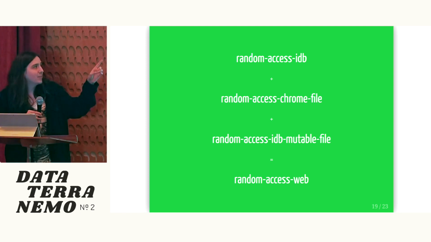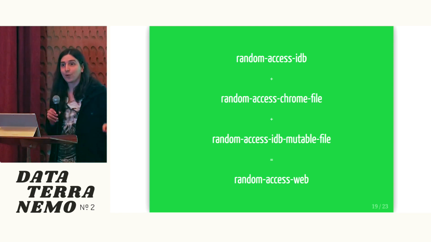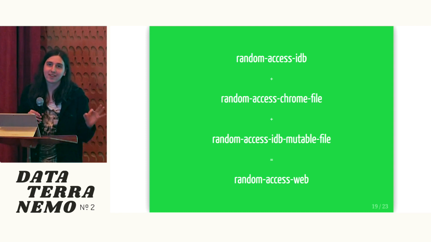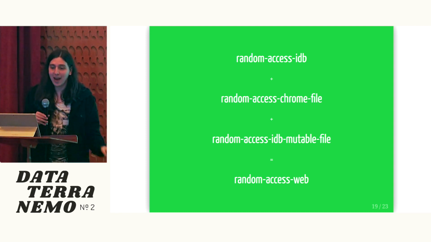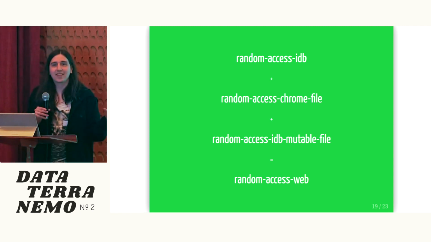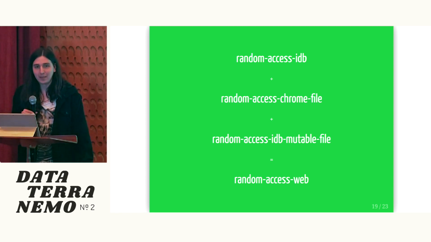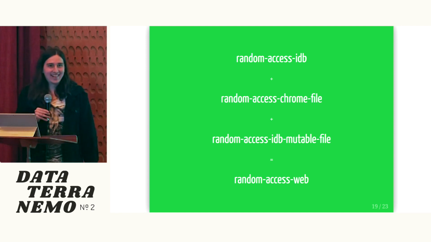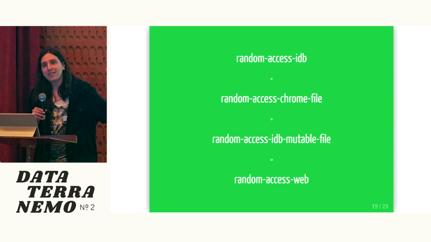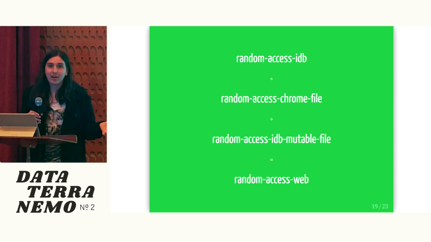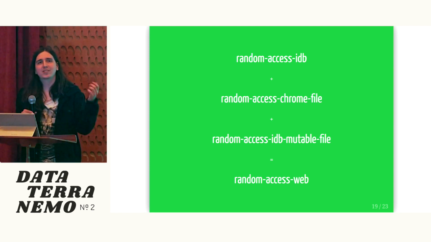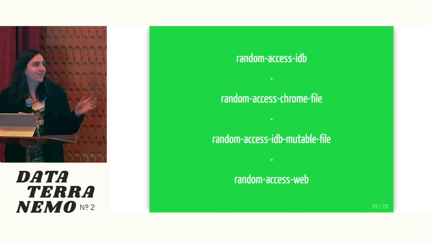There is random access DB, random access Chrome file, which uses this totally non-standard file system access thing from Chrome, and random access IDB mutable file, which is another totally non-standard thing that only works in Firefox. So in practice, this meant that either you used this slow IDB thing and it worked everywhere, or you only target Chrome apps, or you only target Firefox apps. And it was just a pain to innovate.